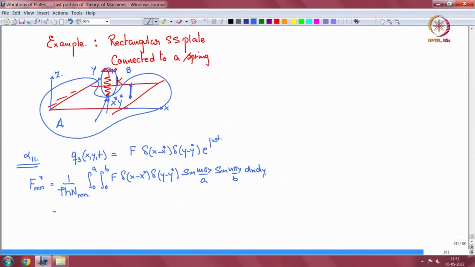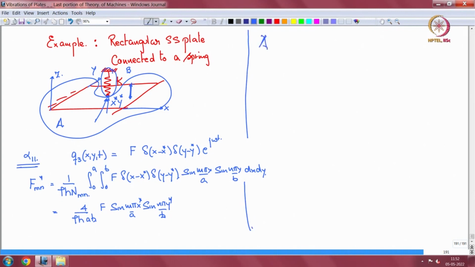This gives me 4 by rho h a b F sin m pi x star by A sin n pi y star by B. Now what is gamma tilde mn?